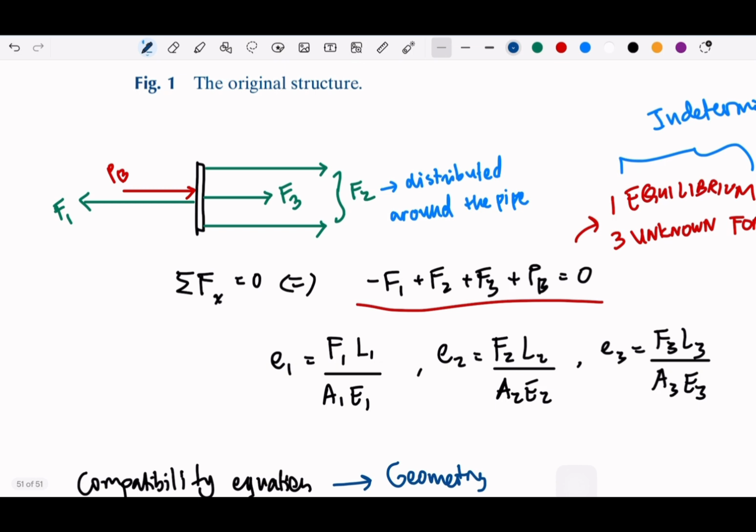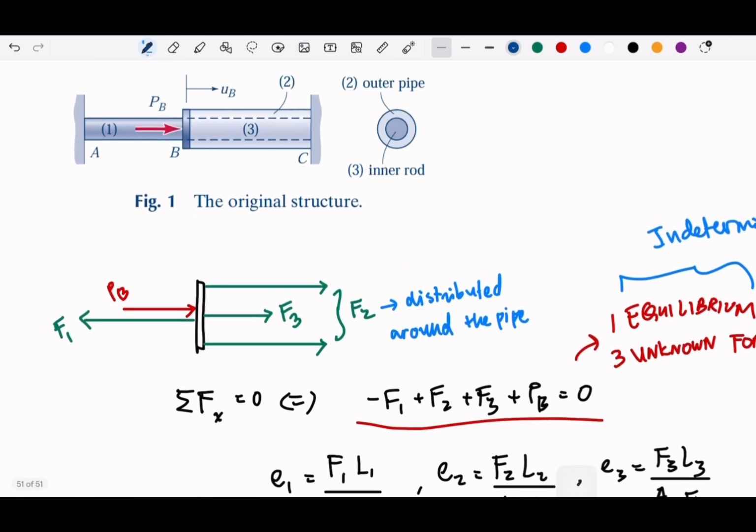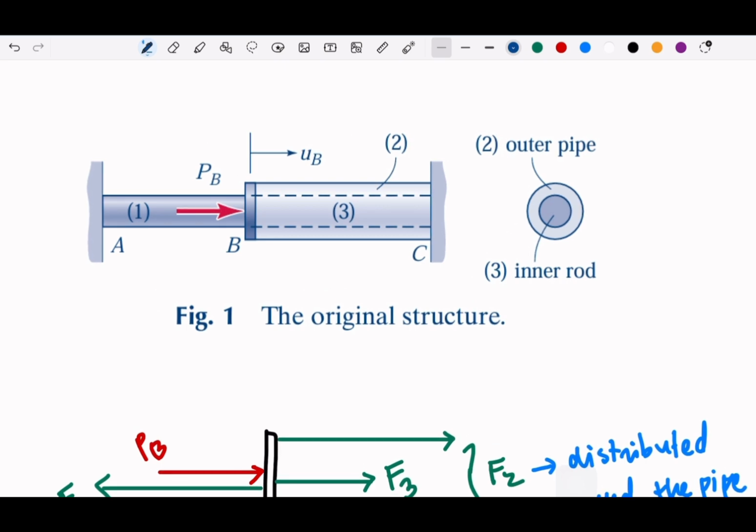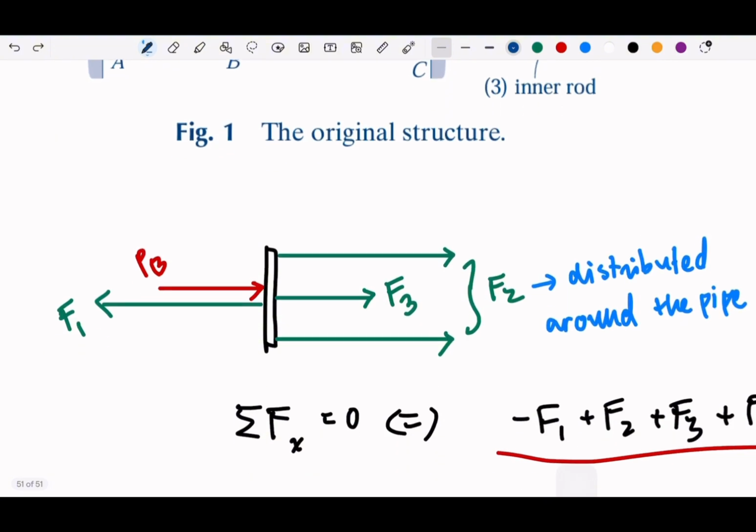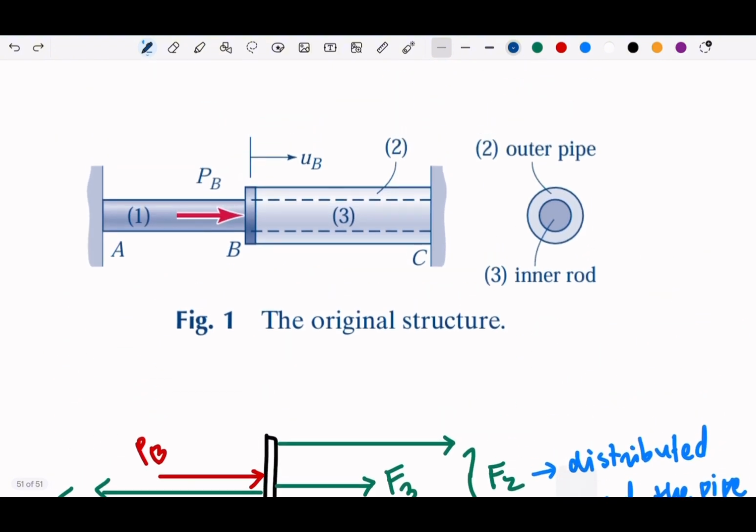the compatibility equations could be from, if we take this as our reference, then if we imagine that there is some deformation UB, so suppose that we have UB in the plate here. When this is going to move slightly here, we see that element 1 will be extended, and elements 2 and 3, because they are on the same construction here, will be reduced. Right? They will be decreased.